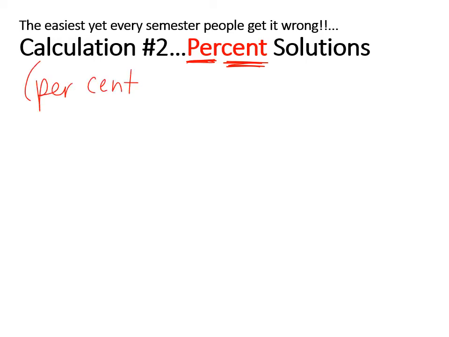Percent is the same as saying per 100. Like if you've ever heard of centi, right? Centimeters, 100. So it's per 100, which can either be grams per 100 ml or milliliters per 100 ml, depending on whether you're dealing with a powder or whether your reagent is currently in liquid form.